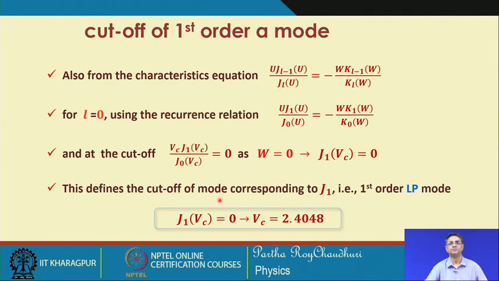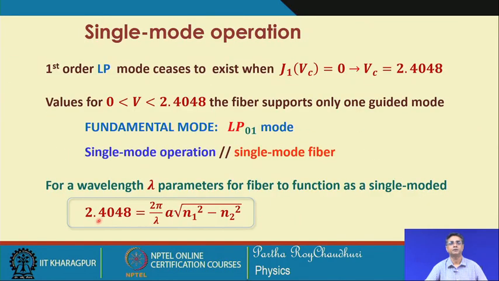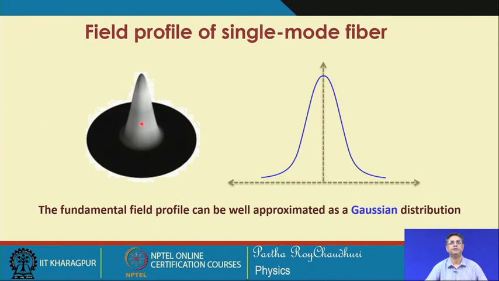So, at this point the first order mode will disappear. The fundamental mode profile you have seen looks like this. You have the highest intensity at the center, and as you move away from the core to the cladding across the interface, the field vanishes.